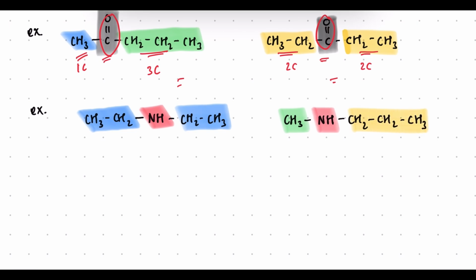So here we've got 2 carbon chains on both sides. Here we've got 1 carbon, and here we've got 3 carbons. So obviously here the alkyl groups attached to both sides of the secondary amine, or that nitrogen right there, are different. And because of the difference in alkyl groups bonded, we can call them metamers.